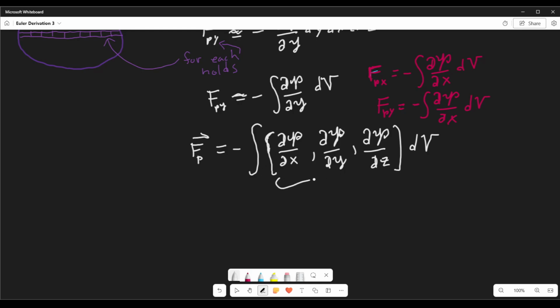And this thing, of course, is the gradient of p.